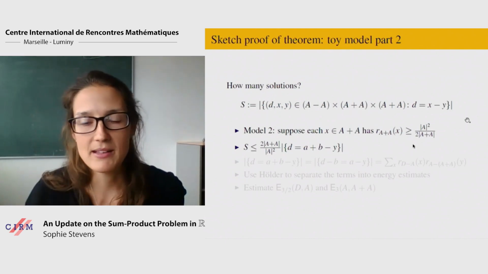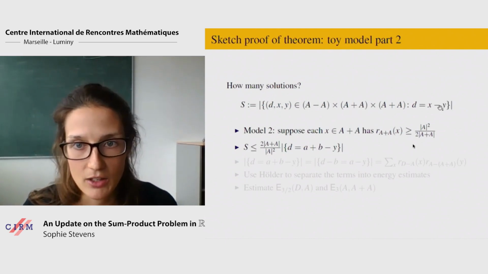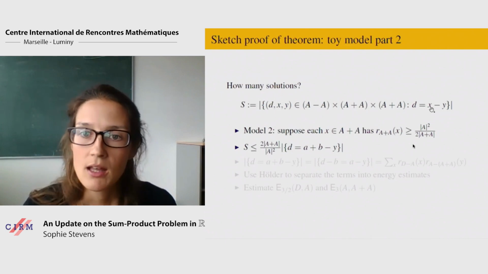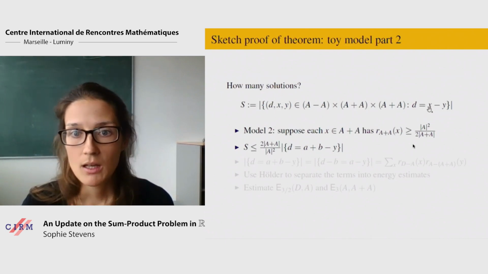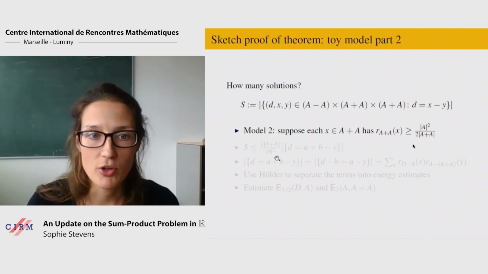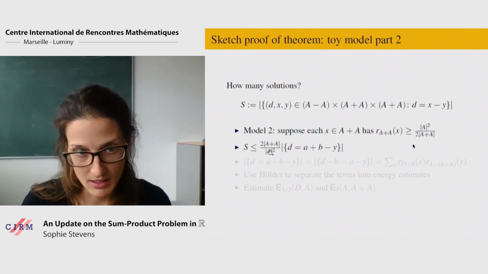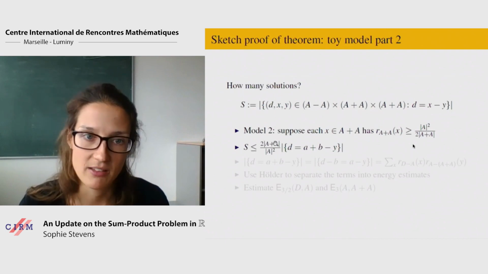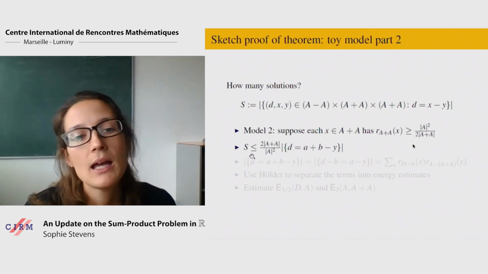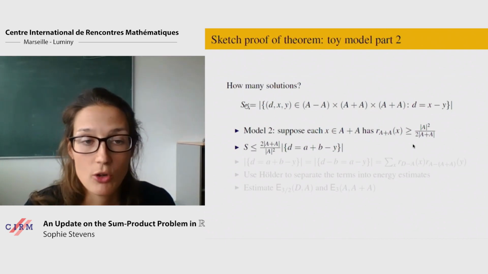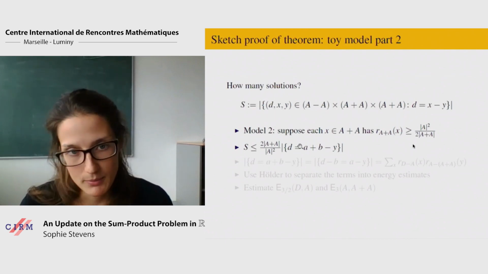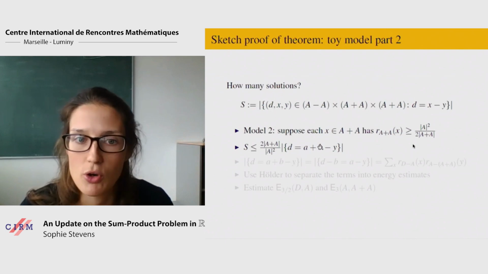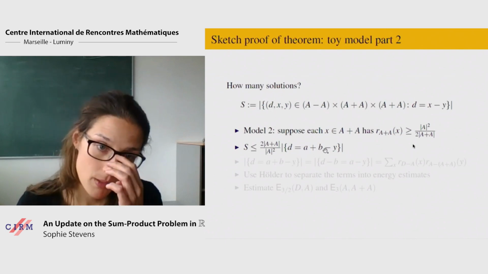Okay, so what does this mean? This means that every time we see an x contributing to S, we can replace x by a plus b. We could have done this many ways, so we've got to account for that with this multiplicative factor out the front here. And now we've reduced this complicated expression, again involving three variables, to a more complicated expression involving four variables.